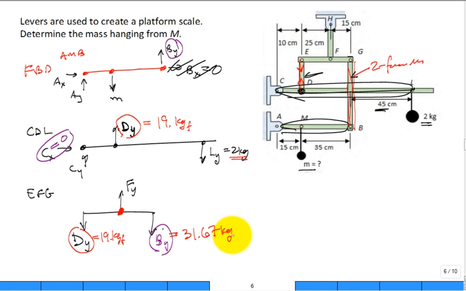Then once I have this, I come up here, I have this 31.67 kilogram force. I want to calculate M, do the sum of the moments around point A, and we find that M comes in at 106 kilogram. This is really an easy problem, but if you don't recognize two-force members, you could spend a lot of time on it, okay?